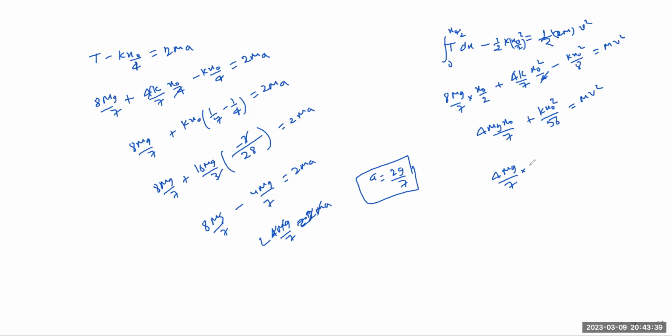Okay, what is x naught? 16mg by 3k. Fine.